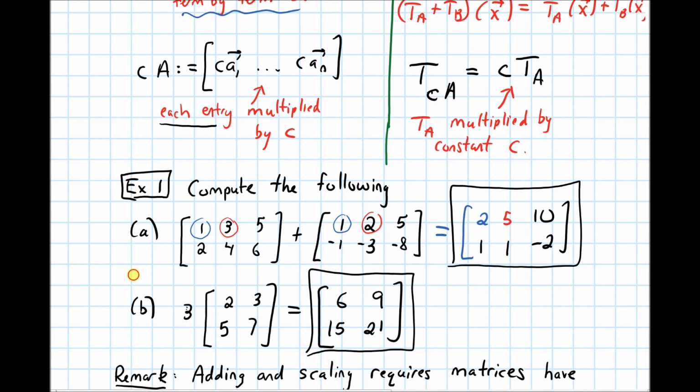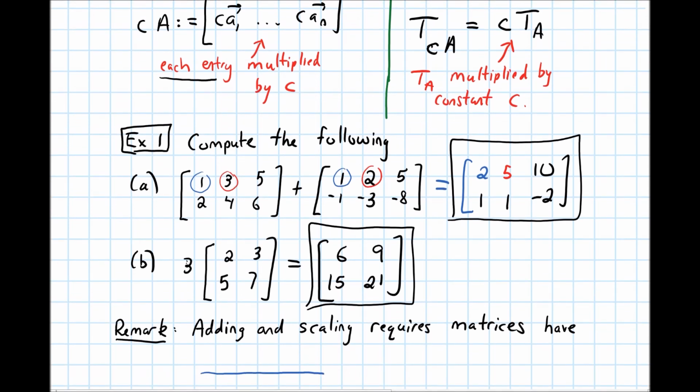I'm going to end by stating a remark: when we add two matrices, this requires that the matrices have the same size. When I multiply a matrix by a number, the size of that matrix is not important.